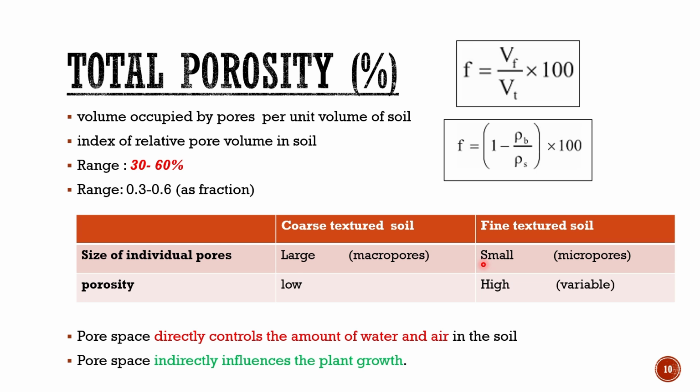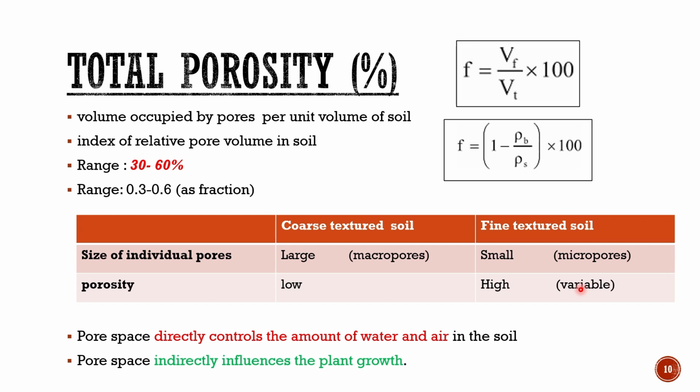Then it forms aggregates, it disperses according to some conditions, and depending upon the moisture condition it gets compacted. Then it forms cracks as a result of wetting and drying. So according to whether there is wetting or drying, compaction or granulation, aggregation, the pores will vary. The pore size or the number of pores will vary.